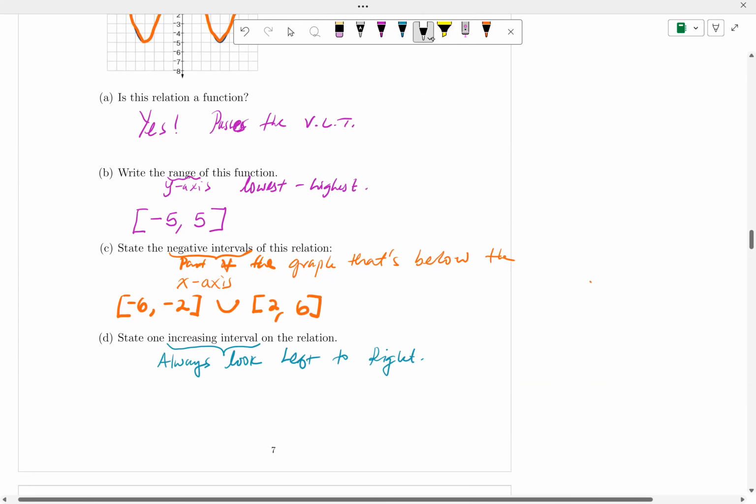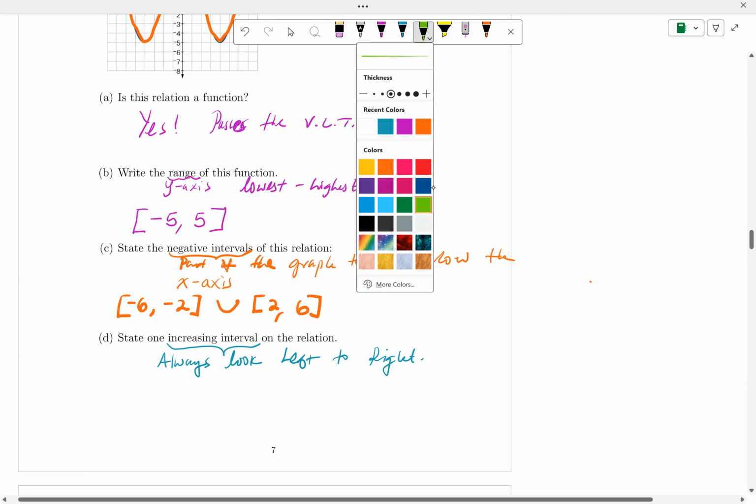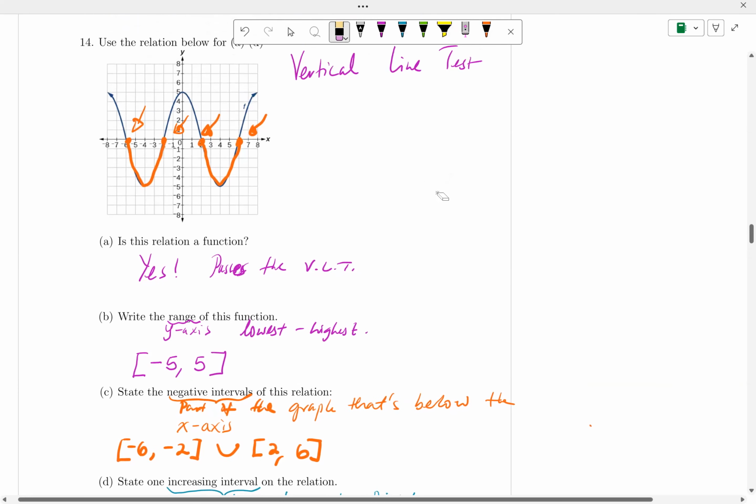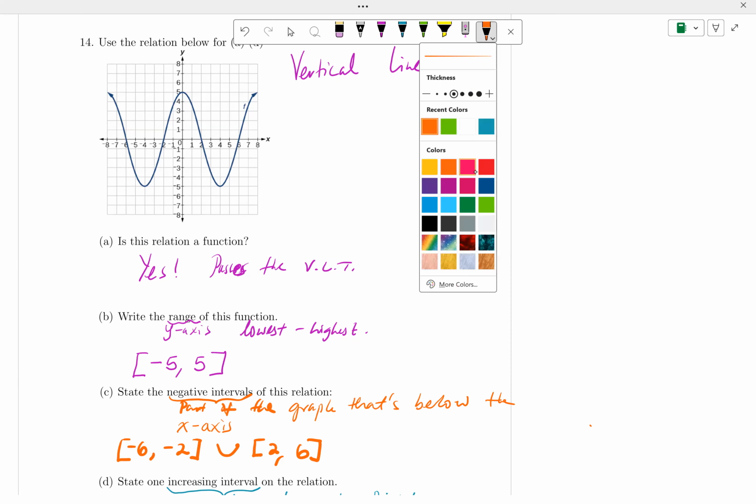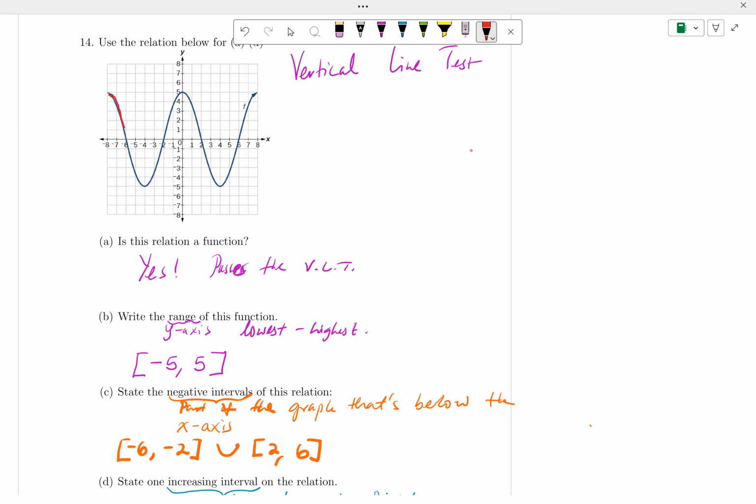Let me use a green pen here to illustrate something. I'm going to erase my old markings from the previous question. If I'm walking down this graph here, that graph is falling, so that will be decreasing. Here's another section where the graph is falling as you go left to right.